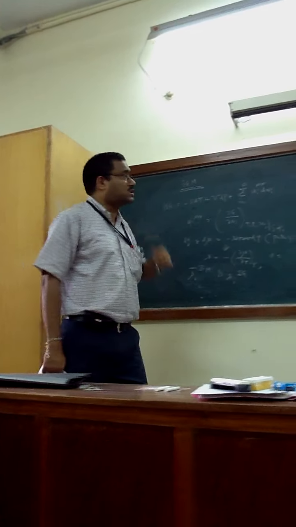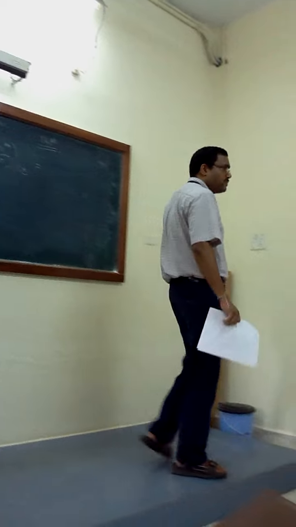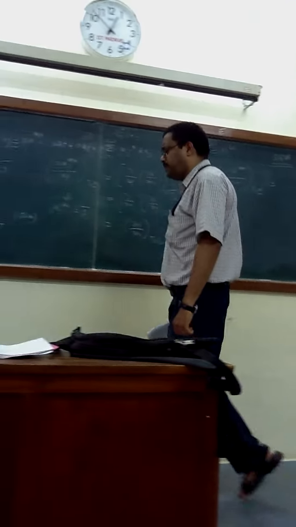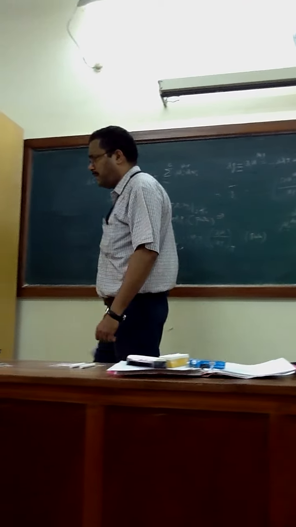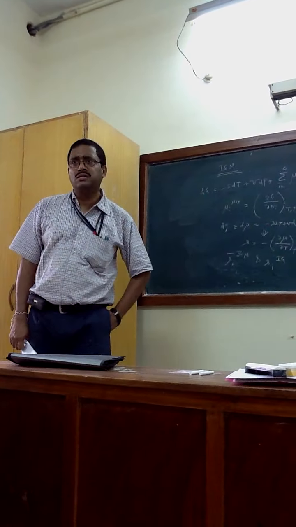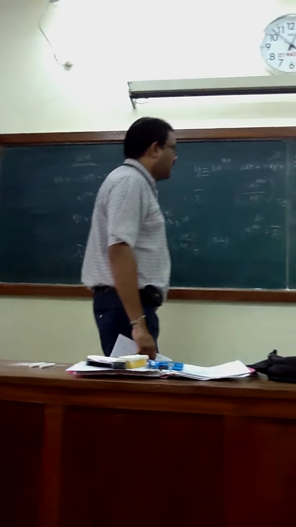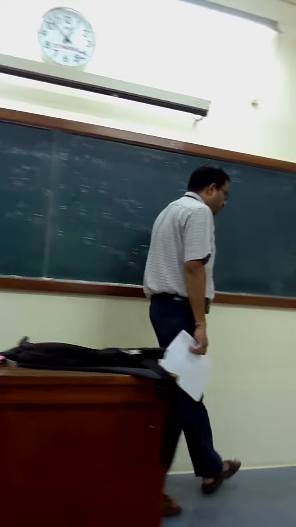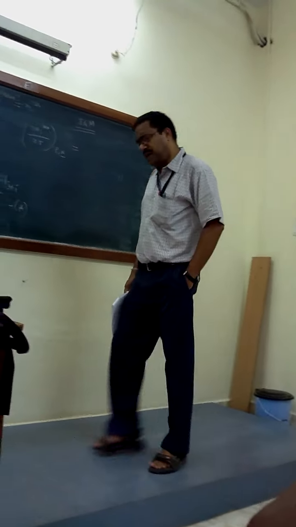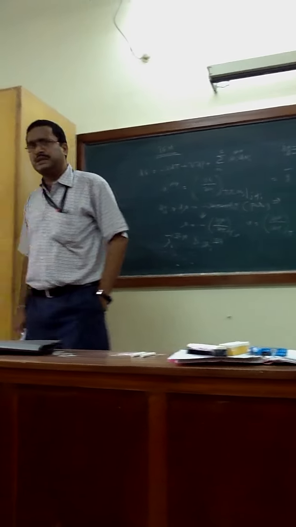Here, proceed in the same direction. What will you get? ∂/∂T of ∂G/∂n_i at T, P, n_j, j not equal to i, at T, n̄. Then flip the temperature. You will get ∂/∂n_i of ∂G/∂T at T, P, n̄, and outside at T, P, n_j, j not equal to i. What will you get?